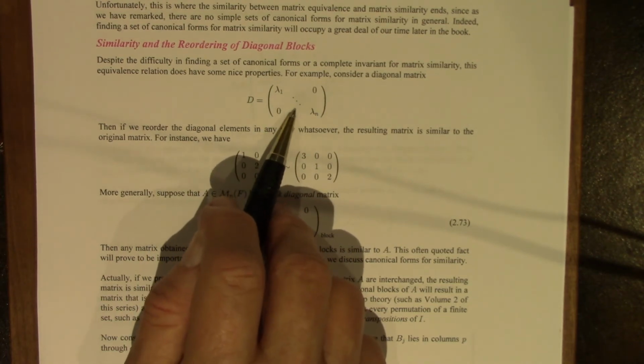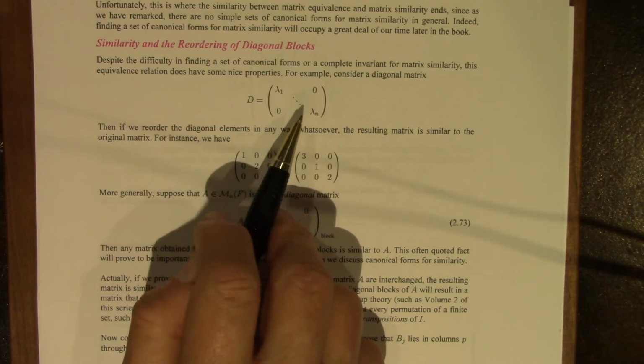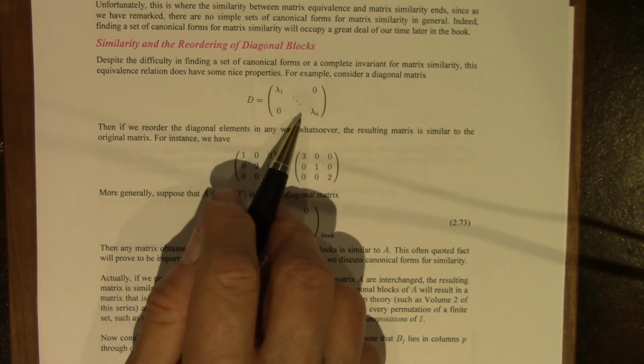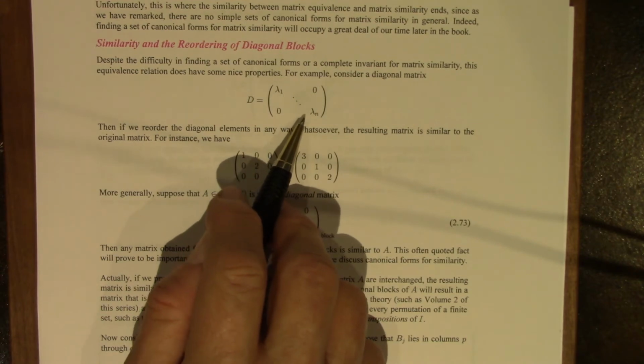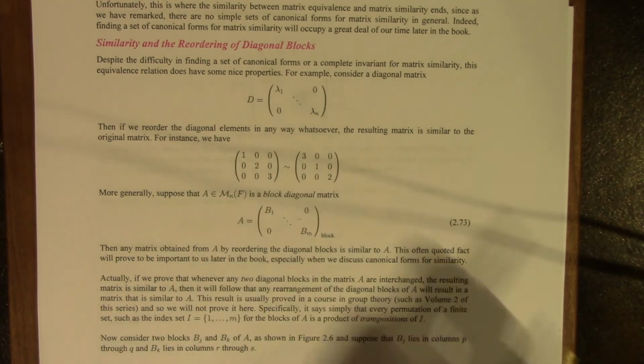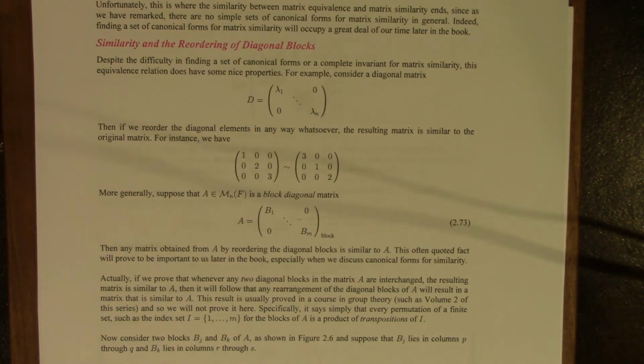That requires proof, and we'll get to that in a moment. The minor problem with this, we can't avoid it, is that even diagonal matrices are not going to function as true sets of canonical forms. They can only function up to the reordering of the diagonal elements.